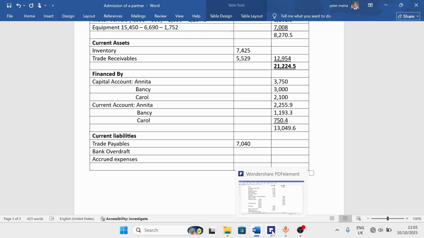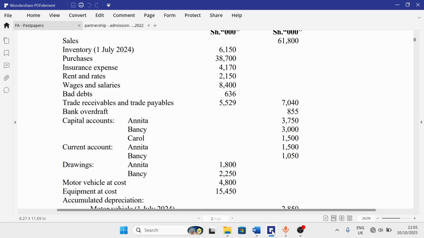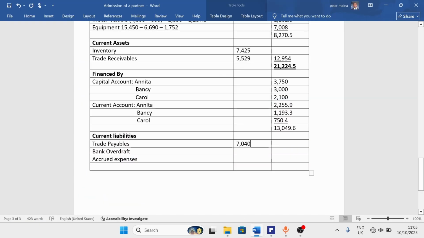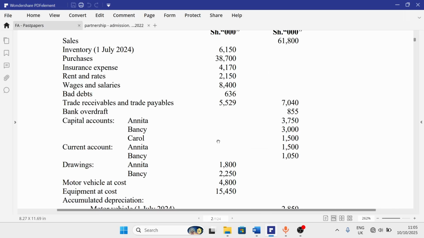So let us find the amount for bank overdraft. So bank overdraft, the amount is 855. So we record here 855.